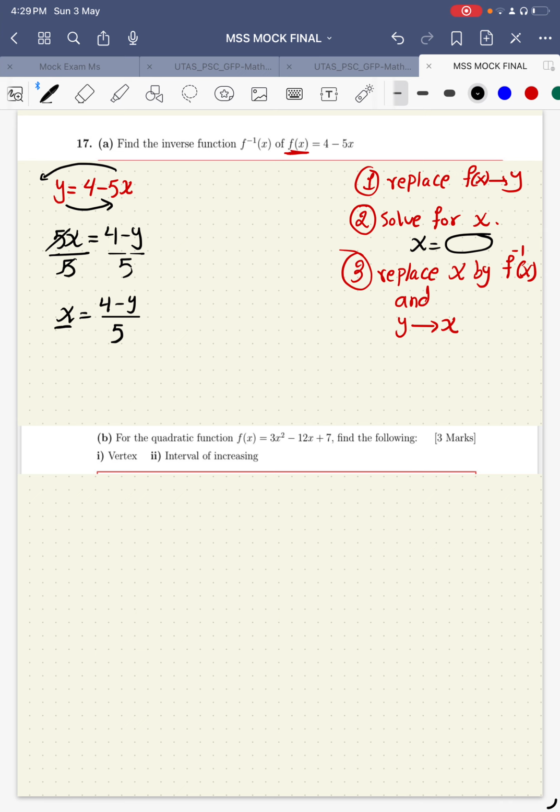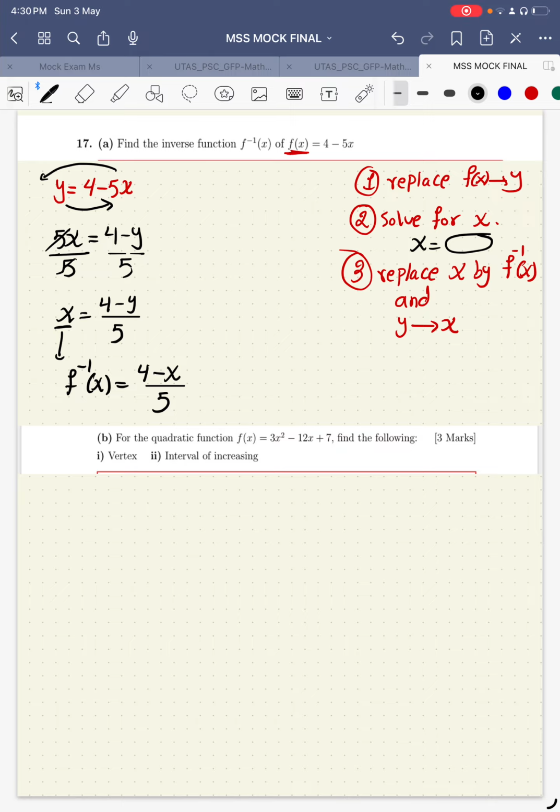So this x will become the inverse function of x equal 4 minus x over 5. And that's going to be my final answer.